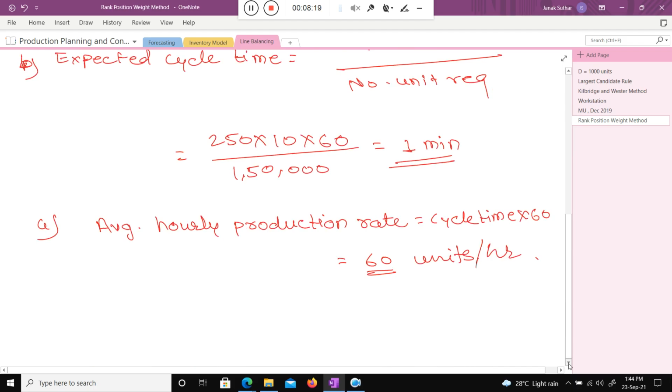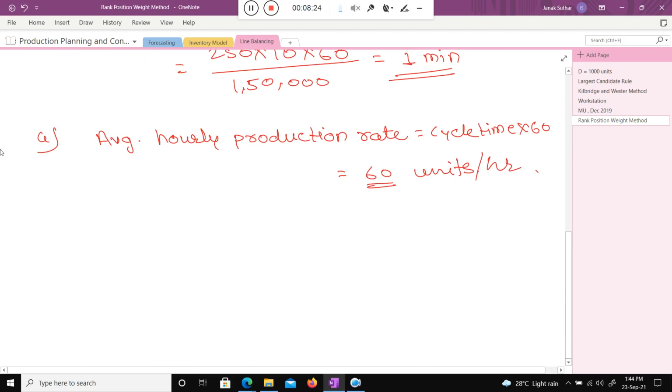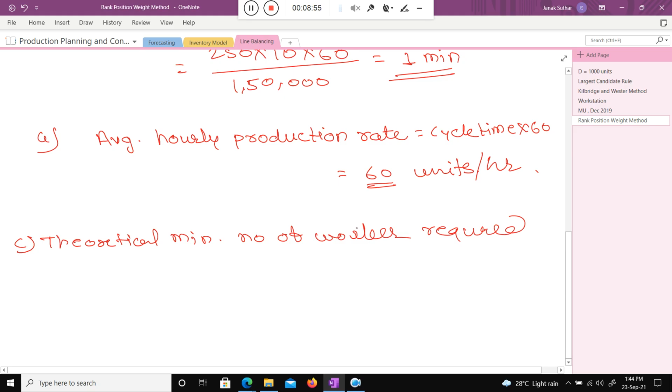What is the process to calculate the number of workers? We already calculated the number of workers required in a previous numerical also. So, the theoretical minimum number of workers required to meet your production requirement.